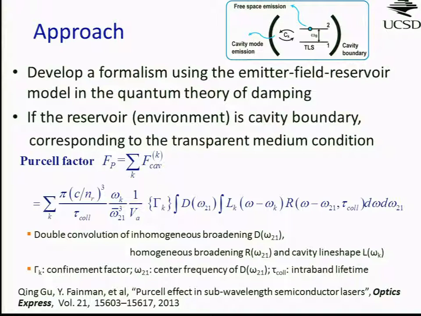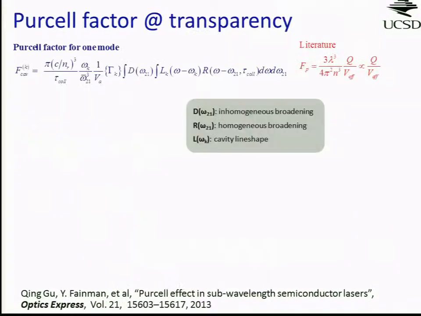And the result is, as usual, inversely proportional to the volume of the mode, but it is also proportional to the double convolution of homogeneous broadening, inhomogeneous broadening, and the line widths of the cavity. In the literature, however, they are using this equation in most of the cases, us included, before we found that it's not quite valid in semiconductor lasers.